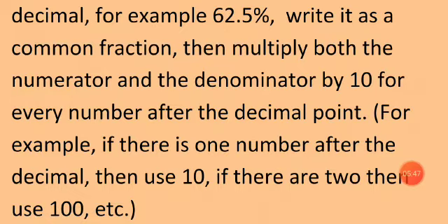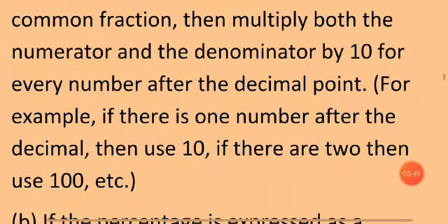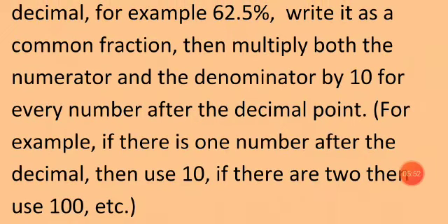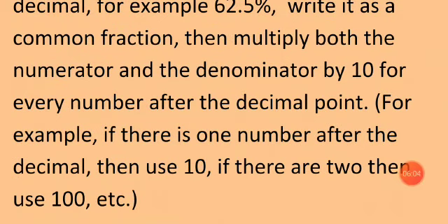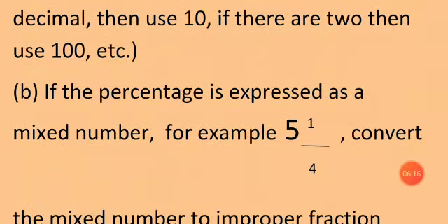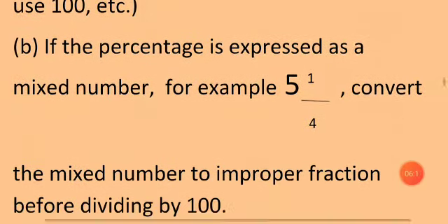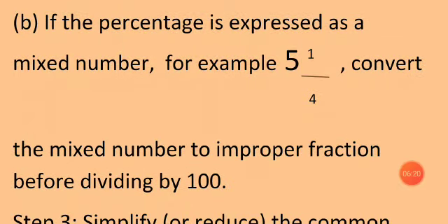When I have 3 digits at the back of the decimal point, I believe you are chorusing with me now that I will be multiplying the numerator and the denominator by 1000, 1000 having 3 zeros, and so on. It goes on and on like that to bring the decimal to a whole number.